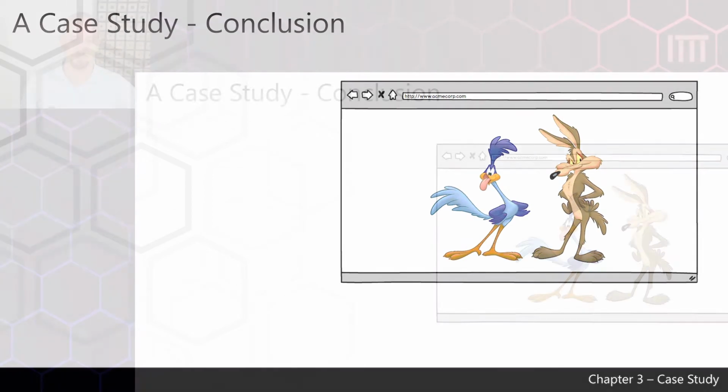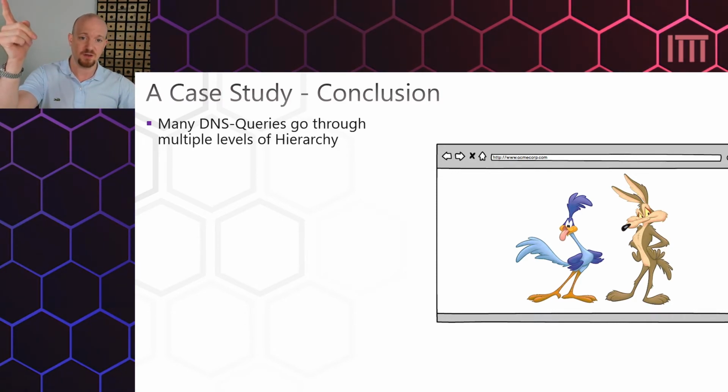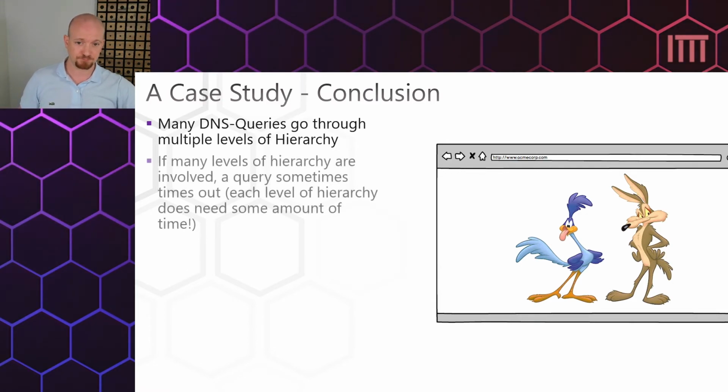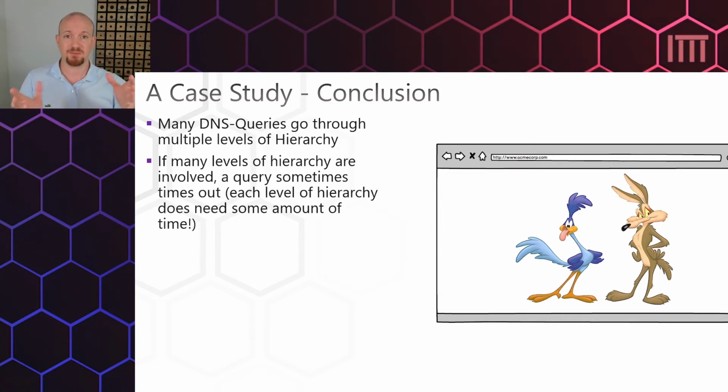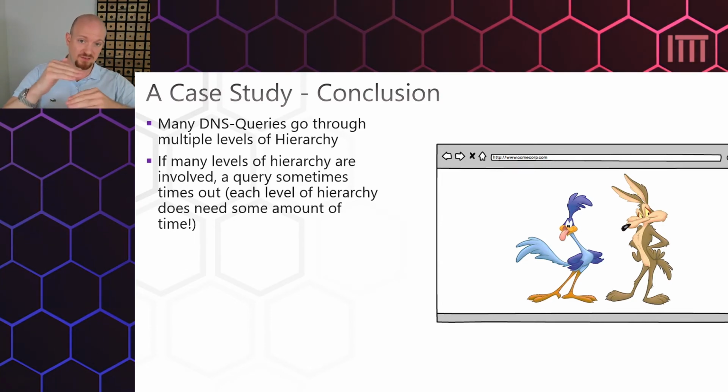In conclusion, many DNS queries go through multiple layers of hierarchy. So it's this server, this server, this server, and finally some DNS server knows the answer and returns the answer. Because many levels of hierarchy are involved, a query sometimes times out, because each level of hierarchy needs some time to ask another level of hierarchy, and this amount of time sums up.